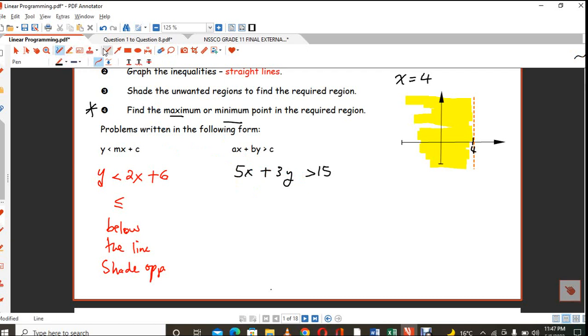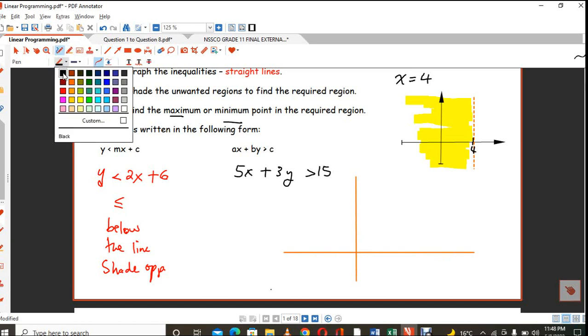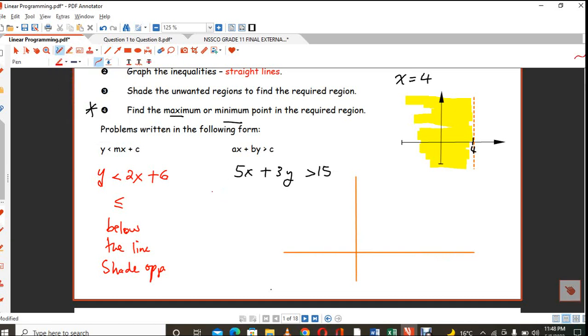Now if I bring in my coordinate system, for example, just draw that there. So what you're going to do with this type, you don't need to make y the subject of the formula. You're going to say if x equals 0, for example, so that's 5 times 0 plus 3y greater than.